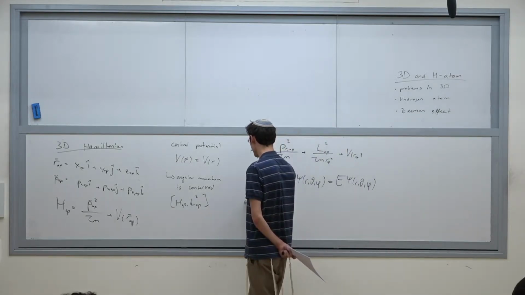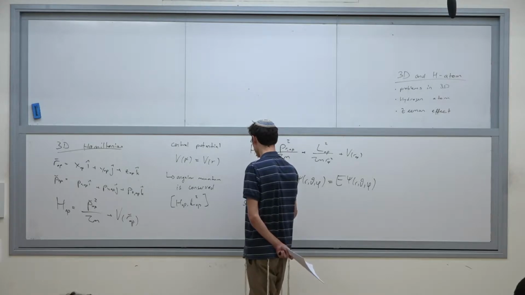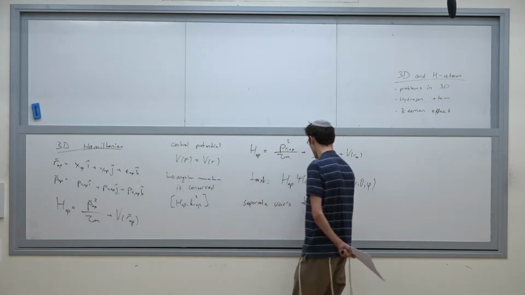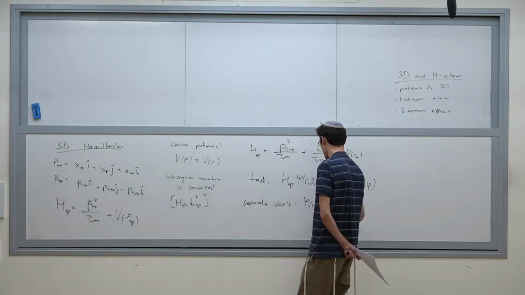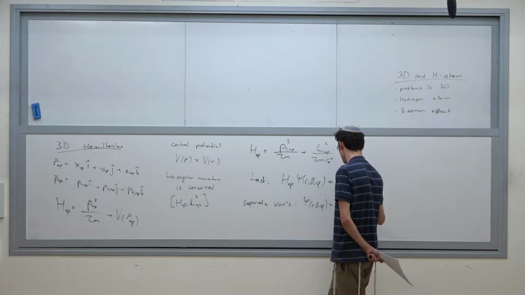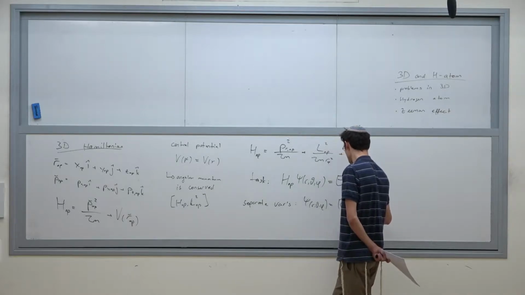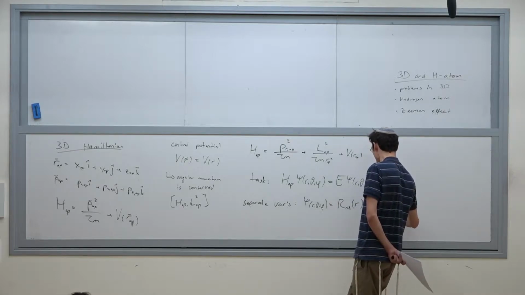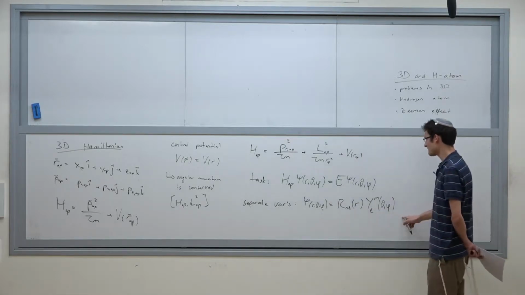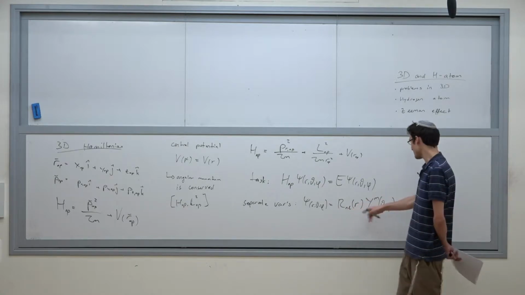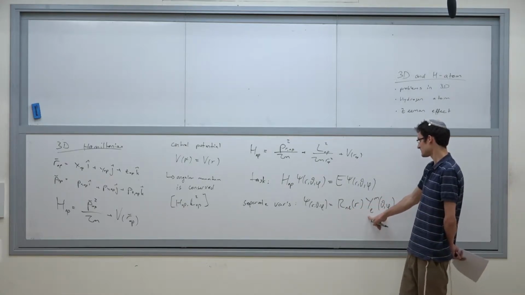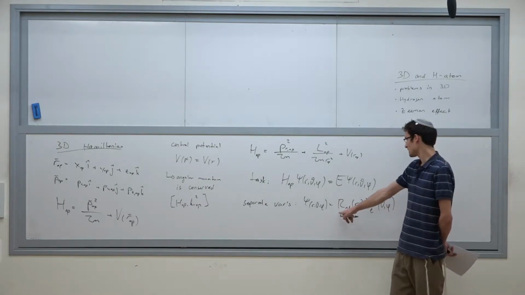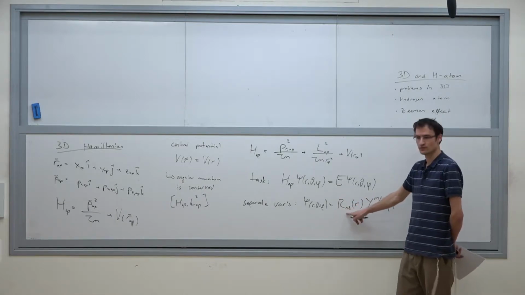For this reason, we can separate variables. We know that the angular dependent parts are just the Y_lm, and then everything that is radial is put in this function capital R. I'll already tell you that it depends on two quantum numbers.